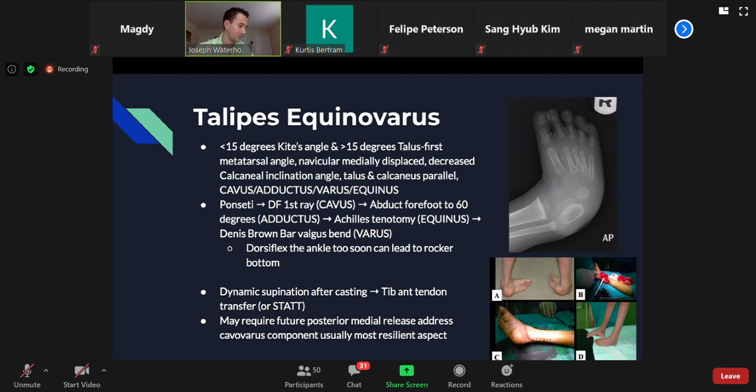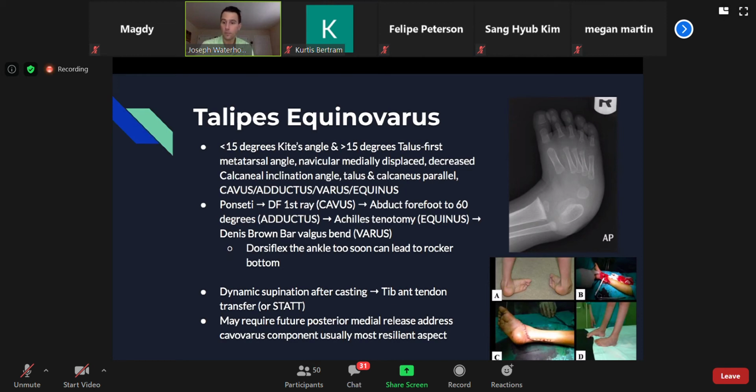Expect something from 1995. So looking at your angles, your Kite's angle should be less than 15 degrees. The talus first met angle should be greater than 15 degrees. And the navicular is going to be displaced medially. You have a decreased calcaneal inclination angle, and the talus and the calcaneus are resting parallel.